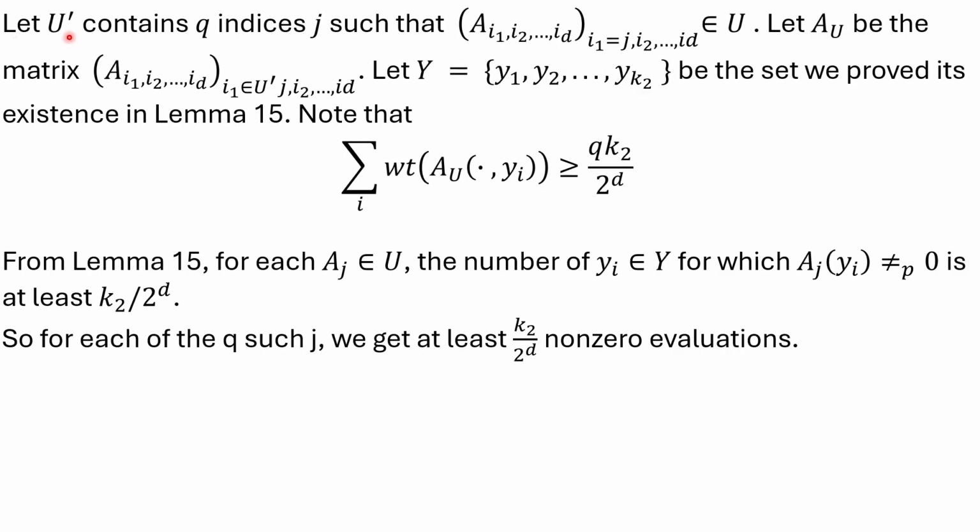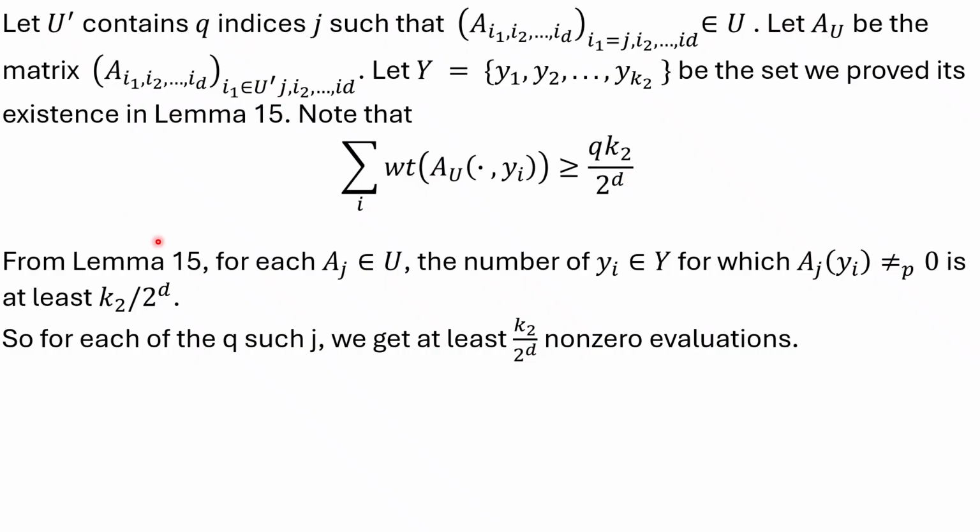Let U tag contain Q indices J such that A belongs to U. Let AU be the matrix where I1 belongs to U tag, and Y be the set we proved its existence in lemma 15. We note that if we go over all the sum of the weight of AU, we get that it's greater than Q K2 divided by 2 to the power of D.